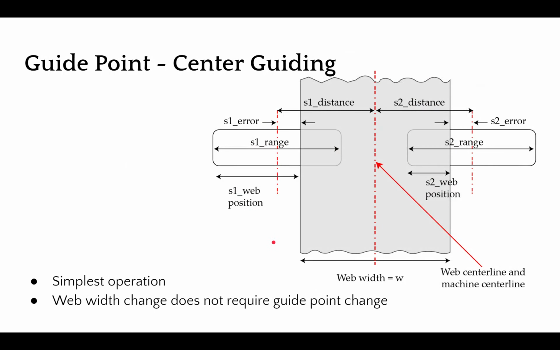So for example, here, when we change the web width from a wider web to a narrower web, the width is going to go down equally on either side of the web. And since the web guide is already controlling it, it's going to make sure that it sees the same amount of web on either sensor. And that helps us to do changeover without even changing the guide point when we use two sensors.